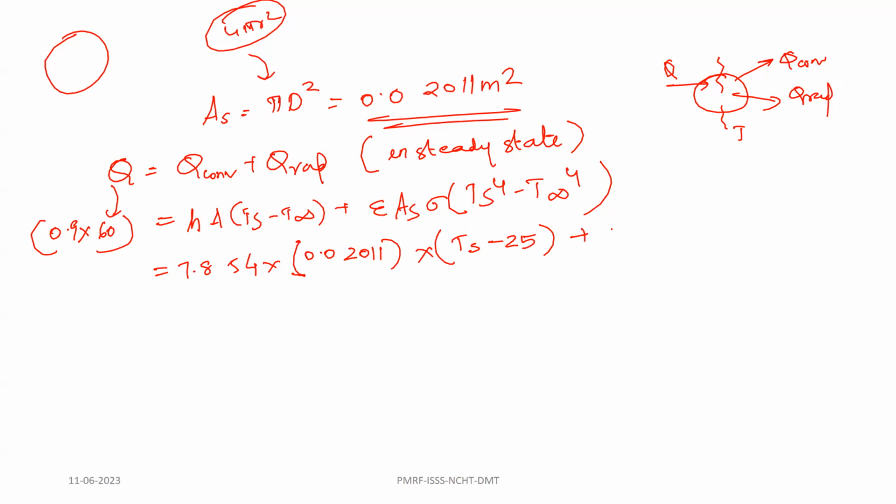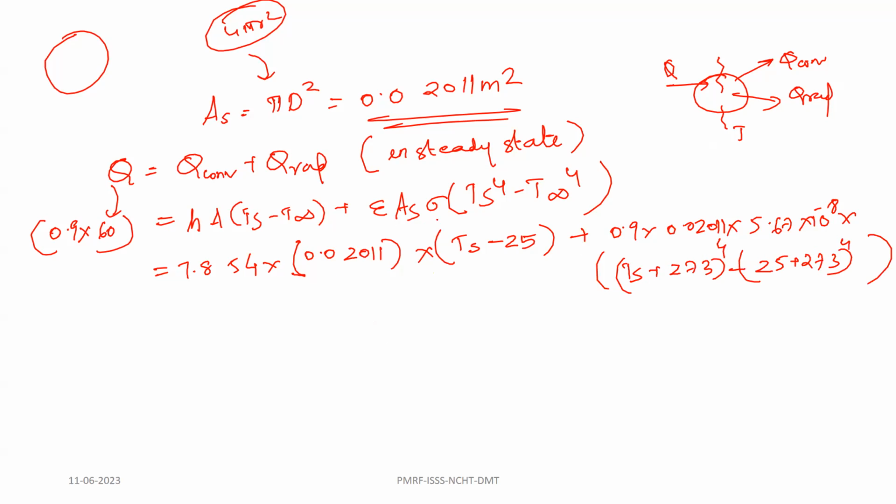The emissivity value we know, 0.9, into area 0.2011, into 5.67 into 10 raised to minus 8, into T_s, which we still don't know, 273 plus T_s raised to 4 minus 25 plus 273 raised to 4.